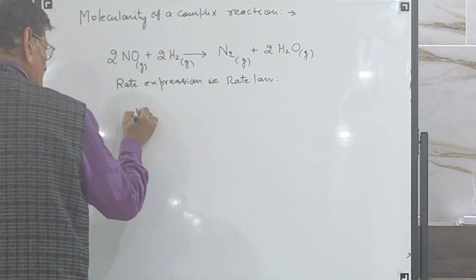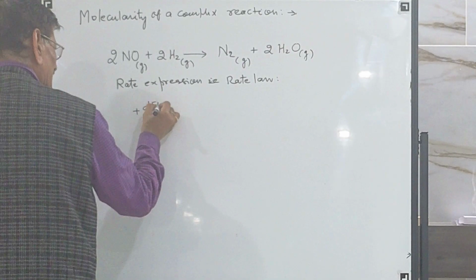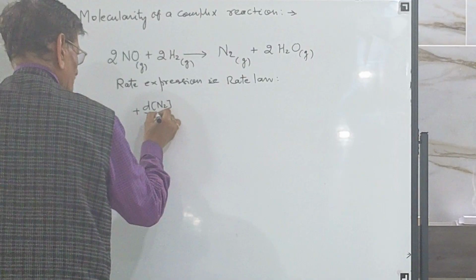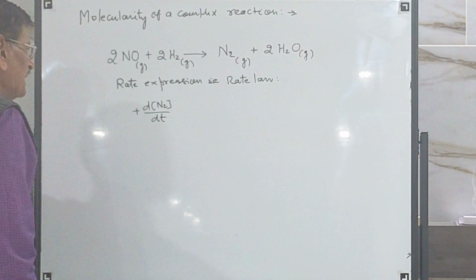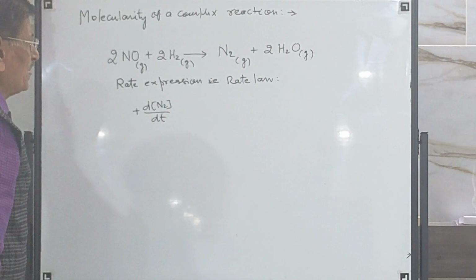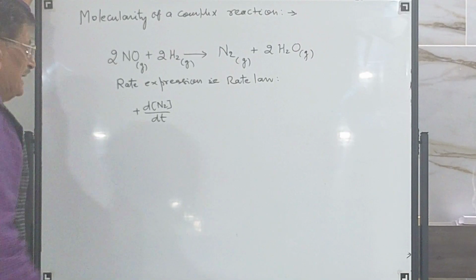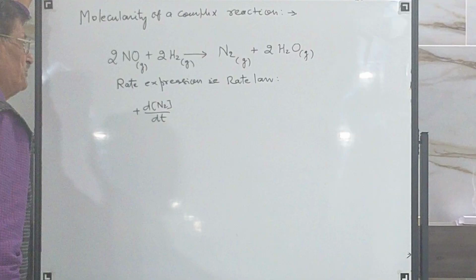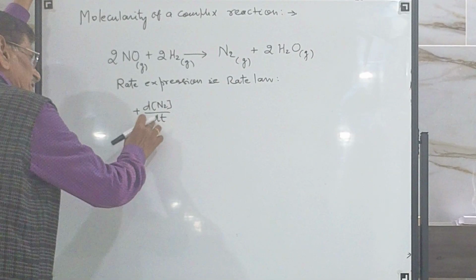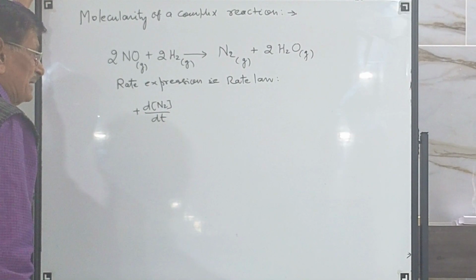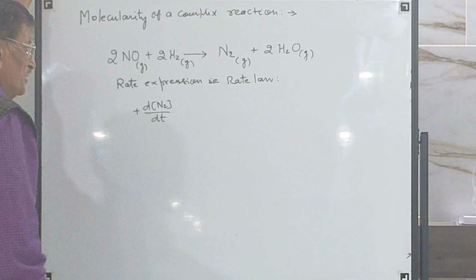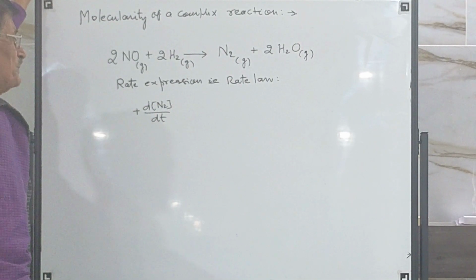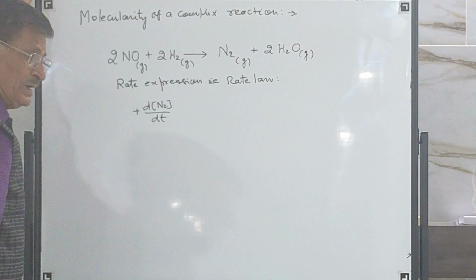The rate of formation of nitrogen, d[N2]/dt. d[N2] is the small change in the concentration of nitrogen, divided by dt, the time taken for this change. So d[N2]/dt is the change in concentration of nitrogen per unit time.